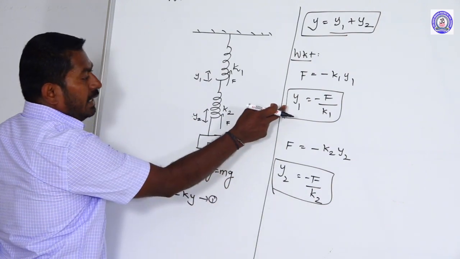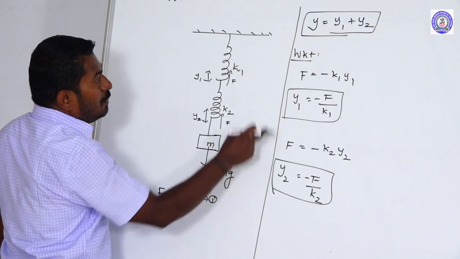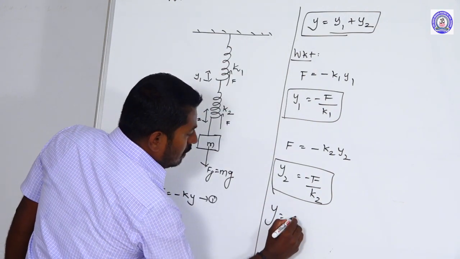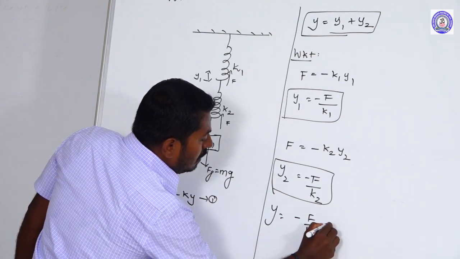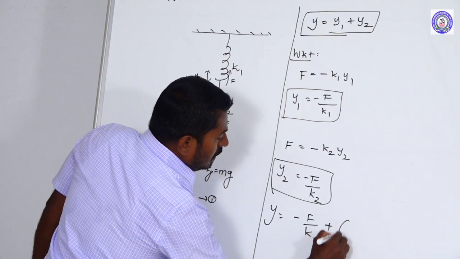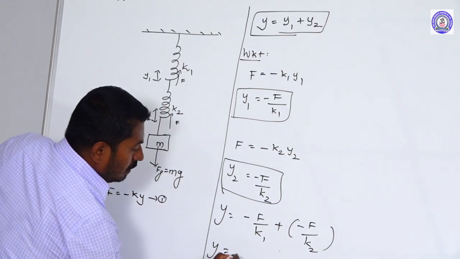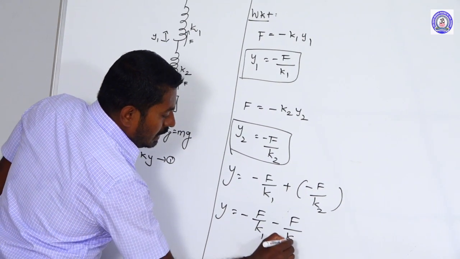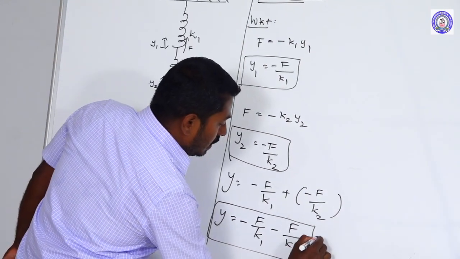So the extensions produced in both springs are y1 and y2. Substituting the y1 value, minus F divided by K1, plus the y2 value, minus F divided by K2, then y is equal to minus F divided by K1 minus F divided by K2. This is equation number 2.